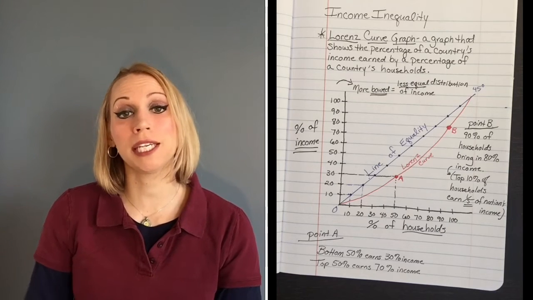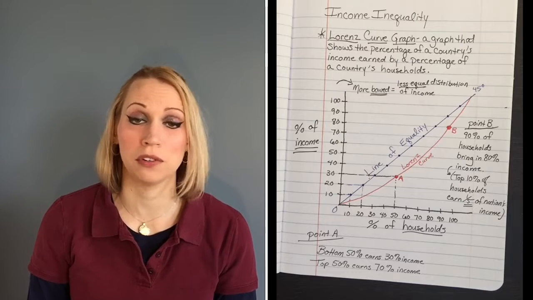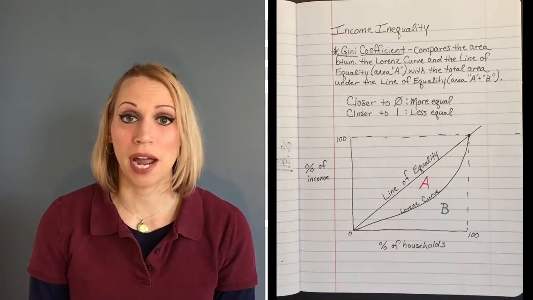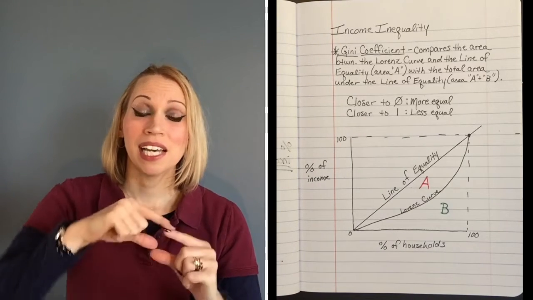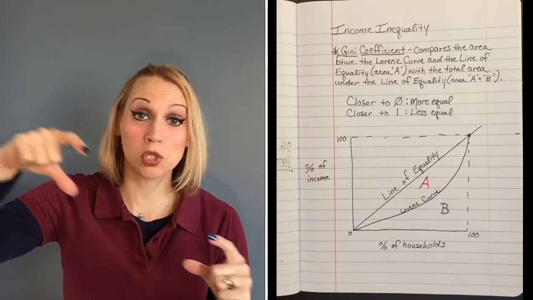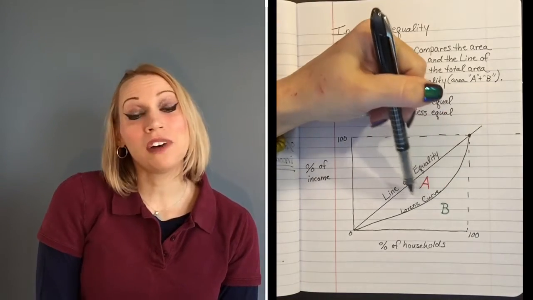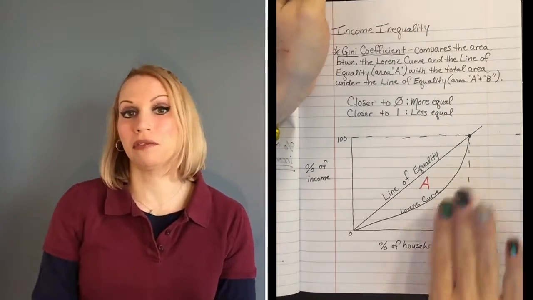Now, another way that we can measure income inequality is through something called the Gini coefficient. The Gini coefficient is related to this graph. All we're going to do is take the distance between your Lorenz curve and your line of equality and divide that over the entire bottom triangle of that graph.